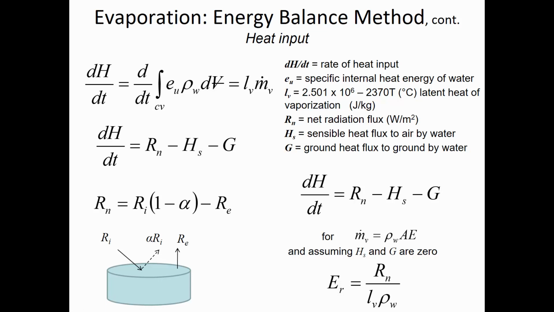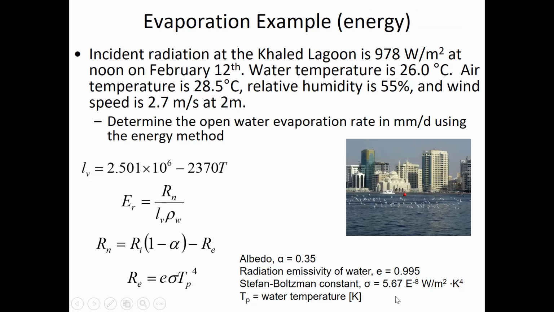If you've got water just in contact with other water and not immediately adjacent to land, then we can finally say that the amount of energy that's available for evaporation is that net radiation divided by the latent heat of vaporization and the density of water.